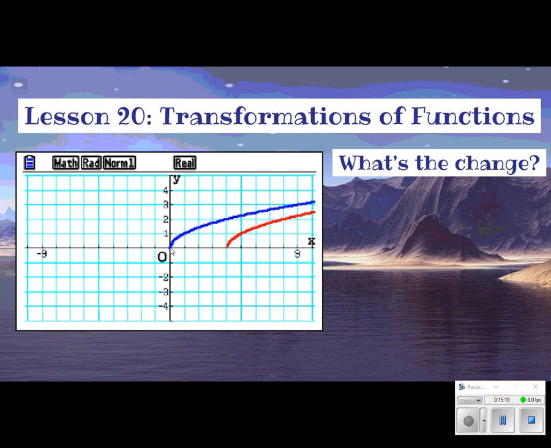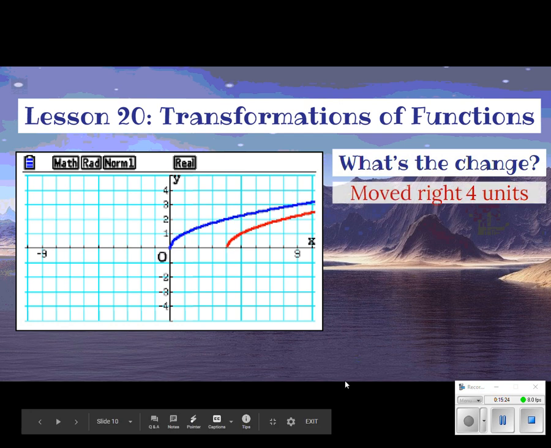If you said we took the blue one and moved it 1, 2, 3, 4 to the right, you would be exactly correct. Usually it's what change was made to the parent to get the child, not to go backwards. Okay, so what's the change?